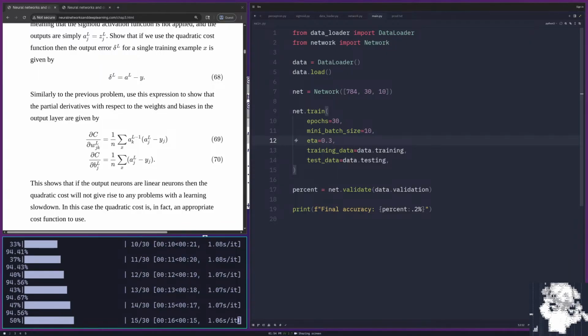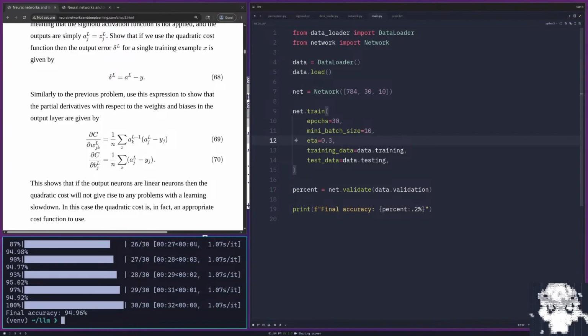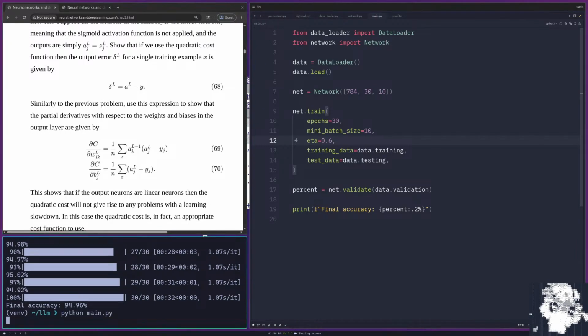It's like jumping around less. It's more consistently increasing. So I think a lowered learning rate makes a bit more sense. Yeah, maybe if it were just a little more than that, let's double it from there.